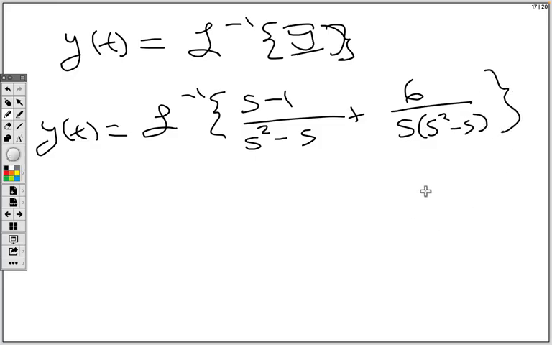Okay. So let's take a look at what's going on here. If you started partial fractions on the first term, what's the first step of any partial fractions? The first step is always to do what?